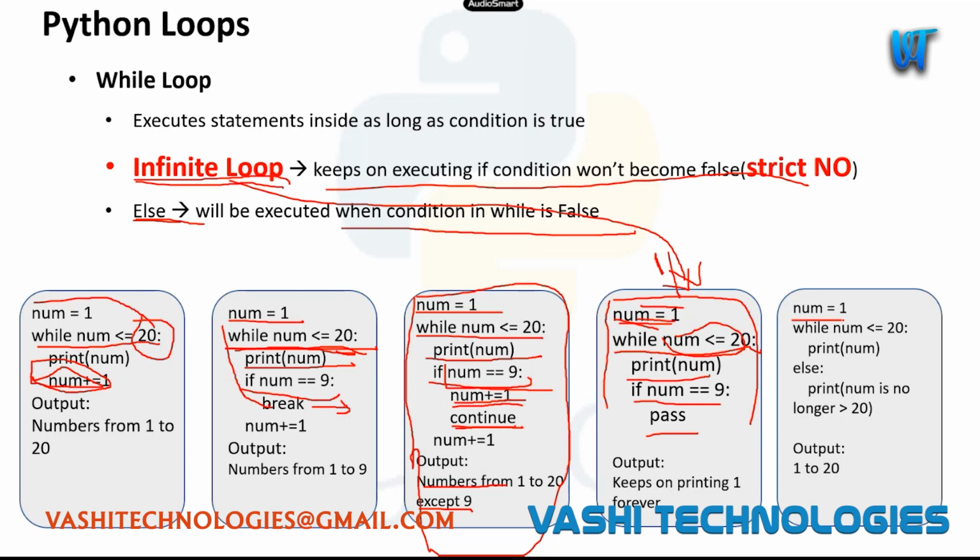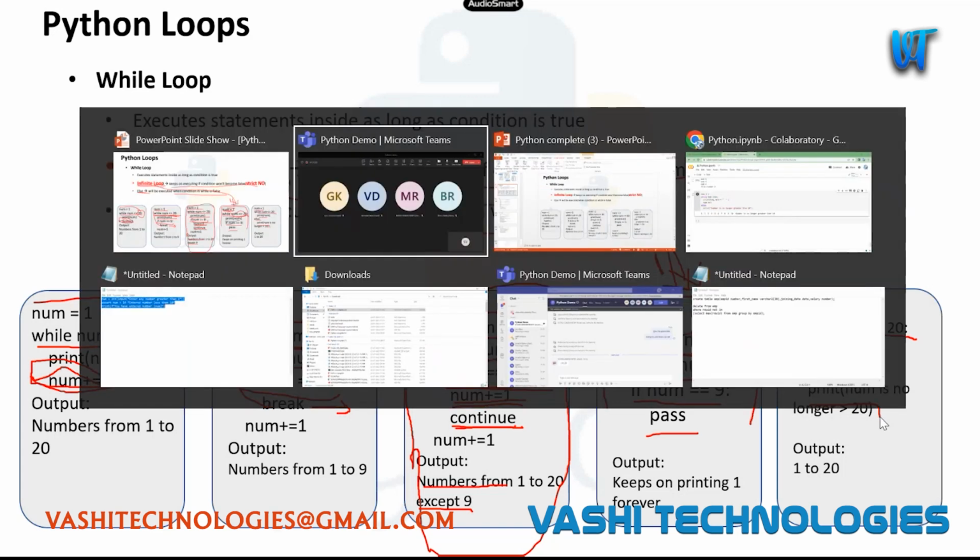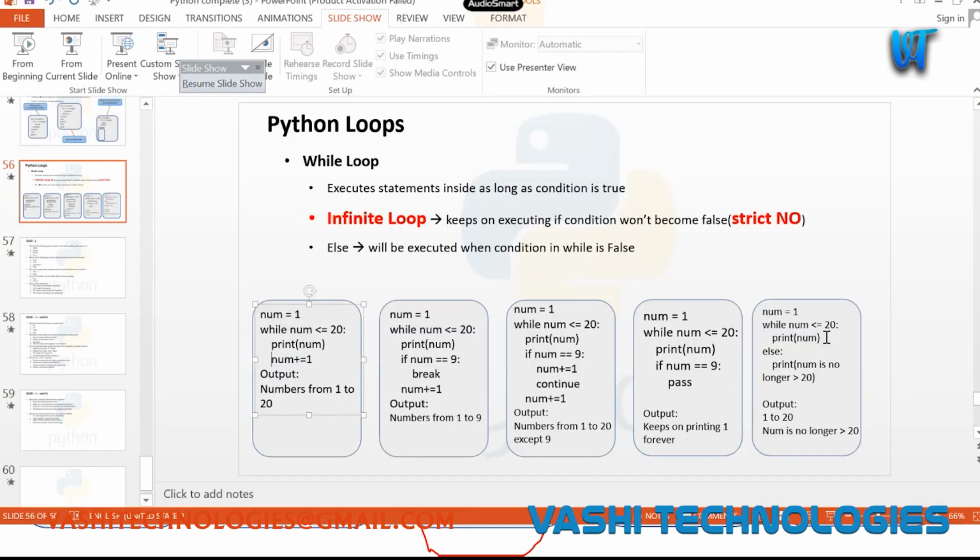Number is equal to 1, while the number is equal to 20, we are printing it. And if number is no longer 20, then we print the statement that number is no longer 20. Again, I have missed one thing here. Let me fix that for you. See, this is our tendency.